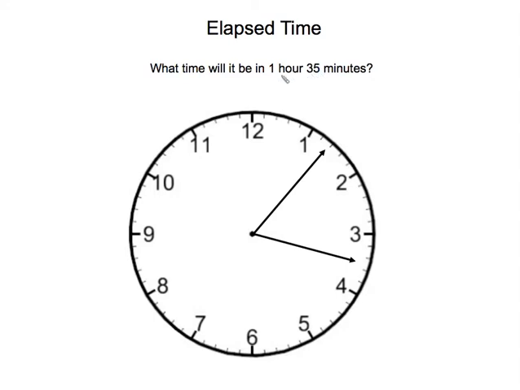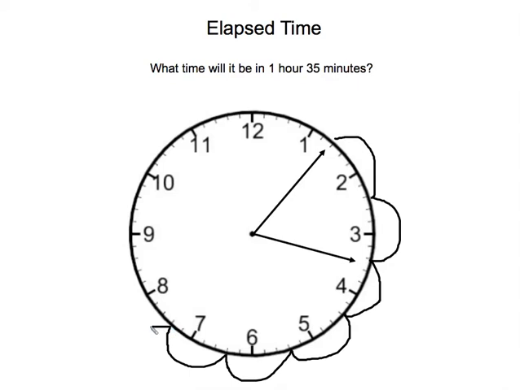Do I start with the minutes or the hour? That's right, I want to start with the minutes. I'm going to skip count by fives, but instead of landing right on the big numbers, I'm going to land 2 dashes off them. I'm spinning forward 35 minutes. So here is 5, 10, 15, 20, 25, 30, 35.